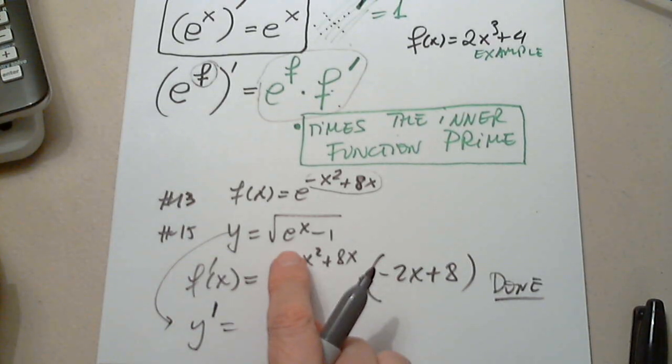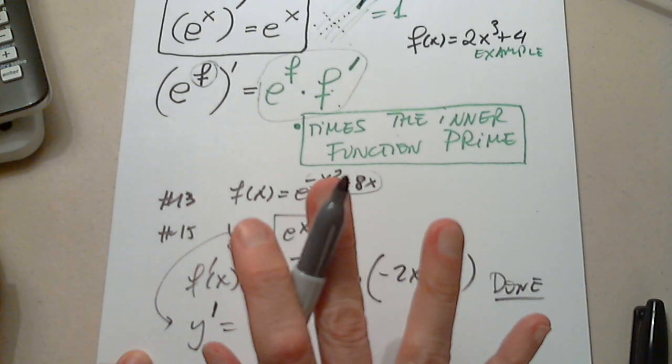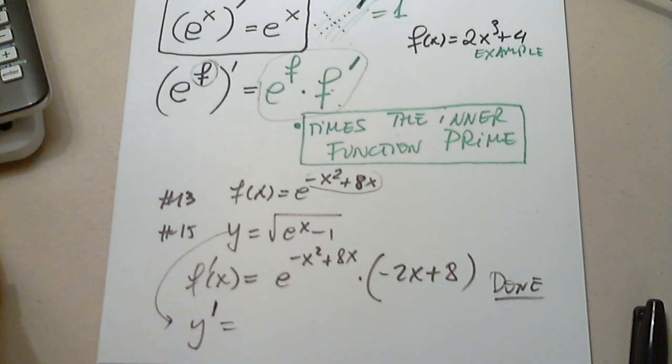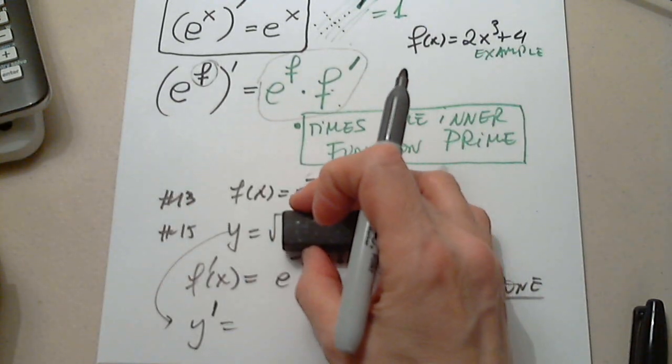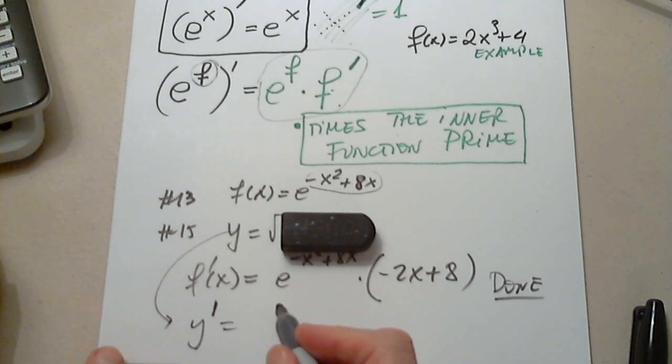First of all, we have to differentiate the square root. Can anyone remind us how we differentiate the square root? The exponent is 1/2.